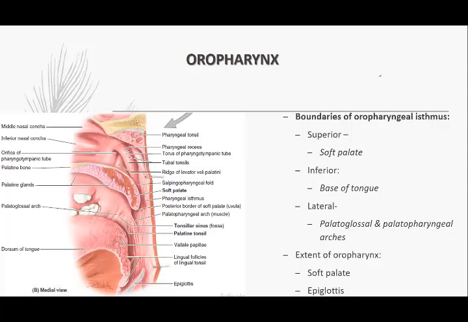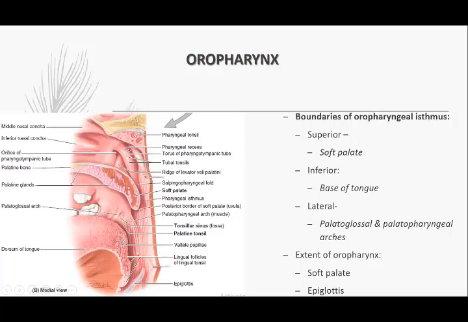What you can't see over here are the lateral boundaries. So laterally you have the palatoglossal and the palatopharyngeal arches. मैं अभी आपको दिखा देती हूँ. So extend कहाँ तक करता है? From the soft palate to over here. So ये सारा जो है, this part, epiglottis की superior surface to the soft palate.